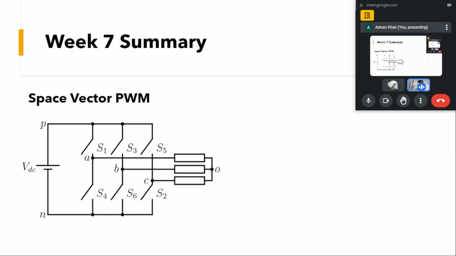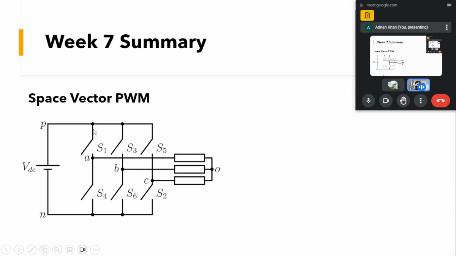Coming to the space vector PWM, as we had discussed in previous sessions about the three-phase inverter. Here we have a three-phase PWM based inverter where we have a constant DC source, and from this constant DC source what we want is a three-phase AC.